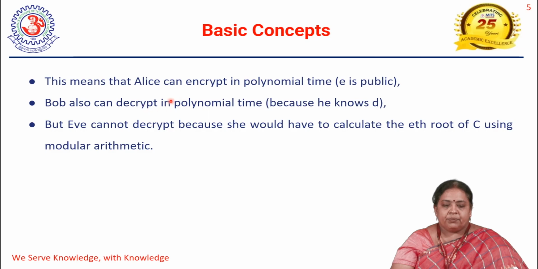But any other party, a third person, Eve, cannot decrypt the message because she does not know D. If she does not know D, it is not possible to calculate. She has to calculate the eth root of C using modular arithmetic, which cannot be completed in polynomial time, which is not feasible.